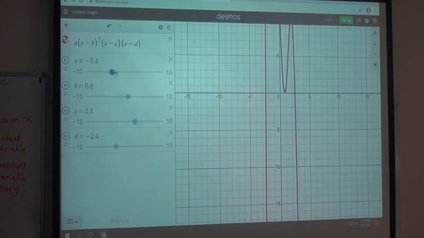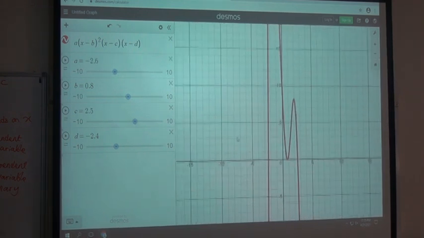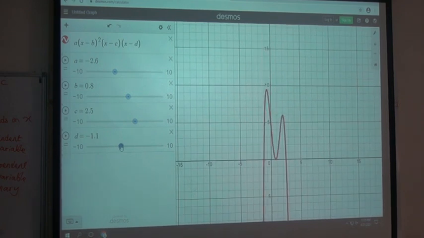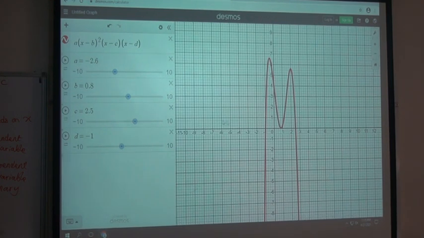I think my A needs to be checked, so it's not too stretched. Okay, something like this, so that we can see. So what do you notice? The graph touches at the square point. Yes, and this is not new to us.